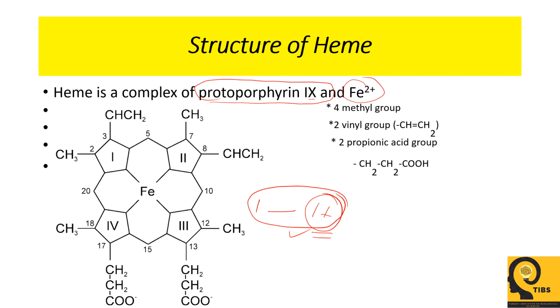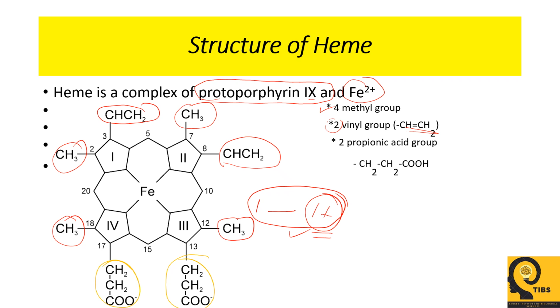In our case, porphyrin 9, we must have four methyl groups. As you can see, methyl group number 1, 2, 3, and 4. Two vinyl groups, CH=CH2, vinyl group number 1 and vinyl group number 2, and two propionic acid groups, CH2CH2COOH.